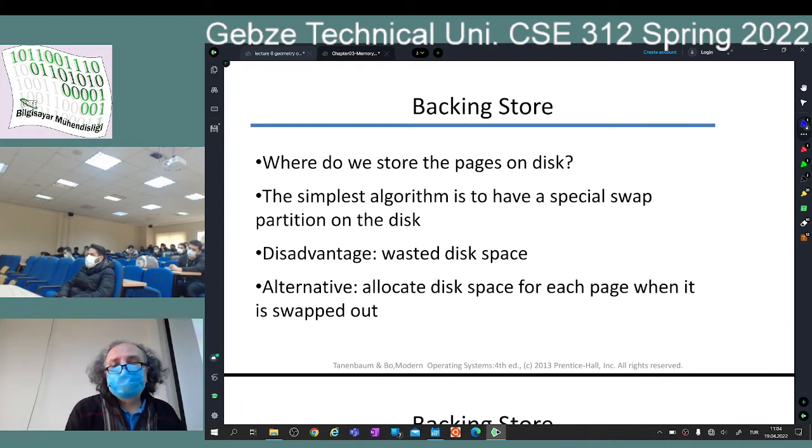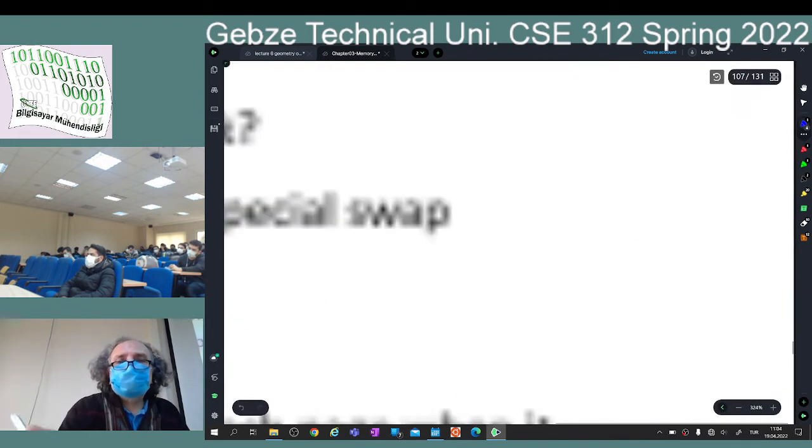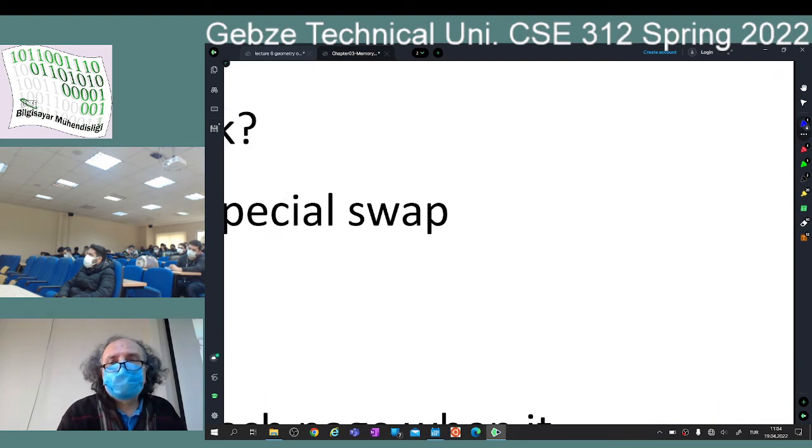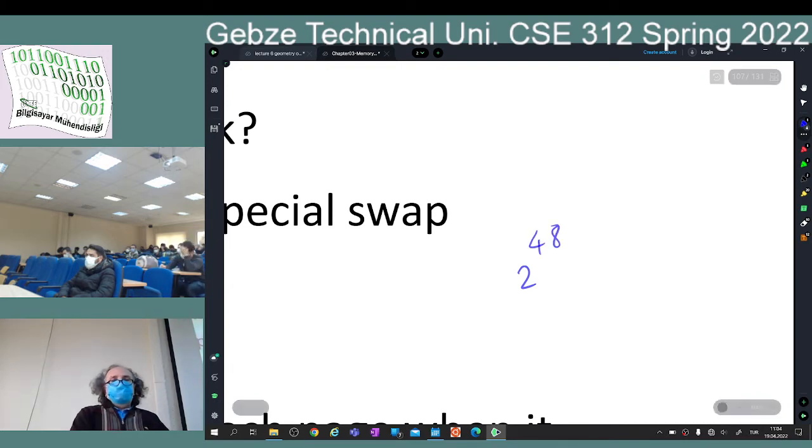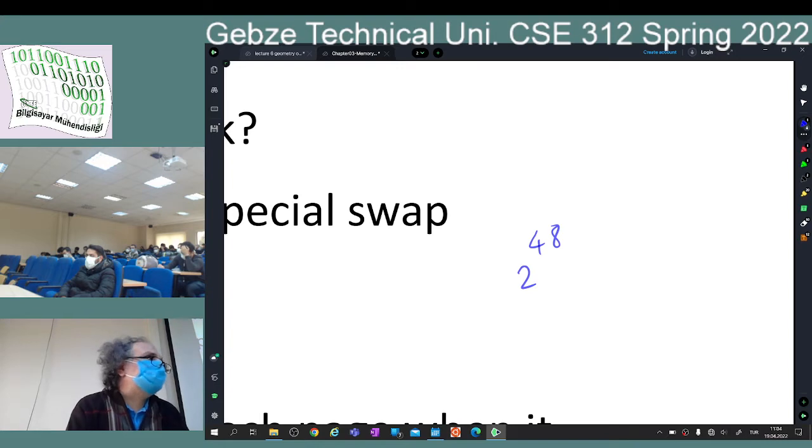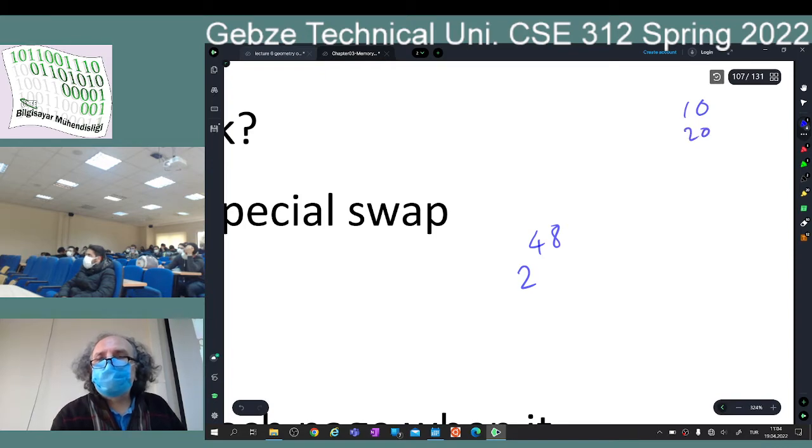So remember what we said. The Intel architecture, 32-bit computers can address 2 to the 48 bytes of virtual space. How much space is this? Kilobyte, megabyte, gigabyte, terabyte.